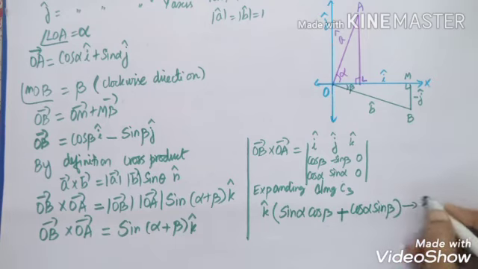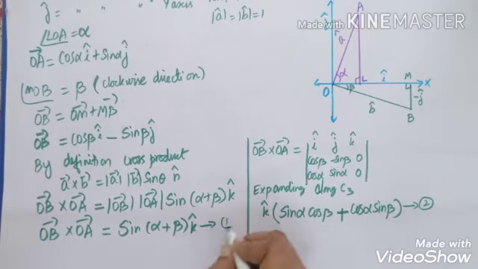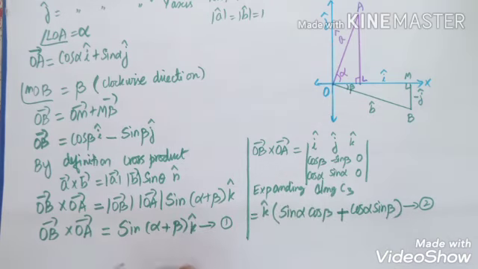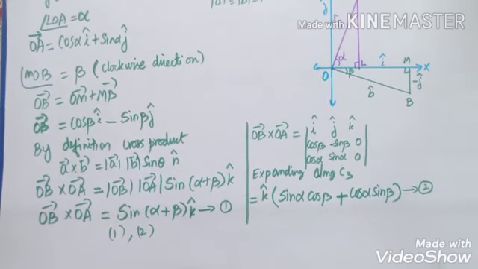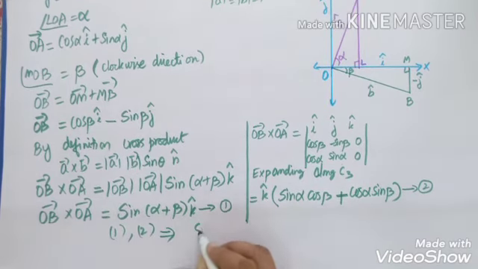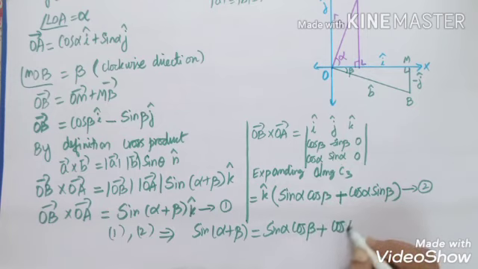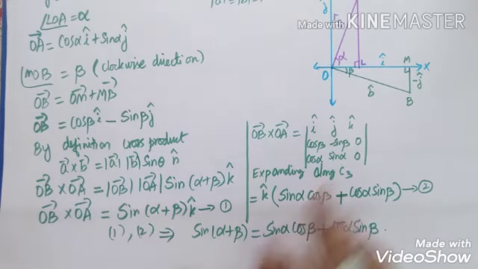This we call number 2 and this we call number 1. Both are OB cross OA only. So 1, 2 implies sin(alpha plus beta) equals sin alpha cos beta plus cos alpha sin beta, and hence we have proved the result using the vector method.